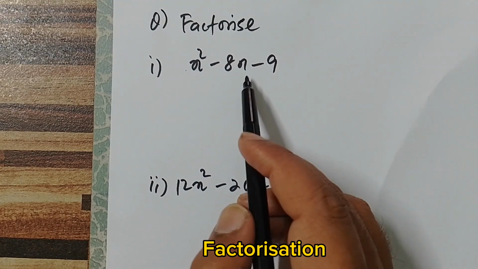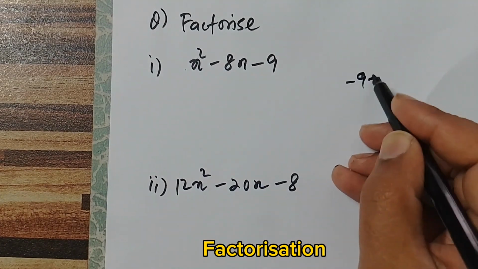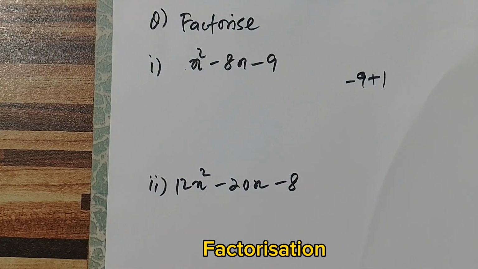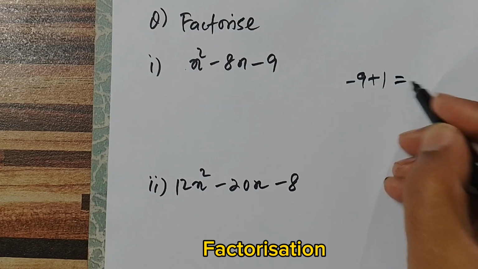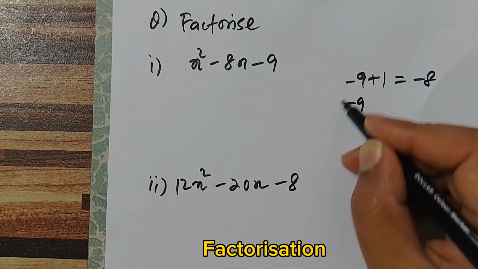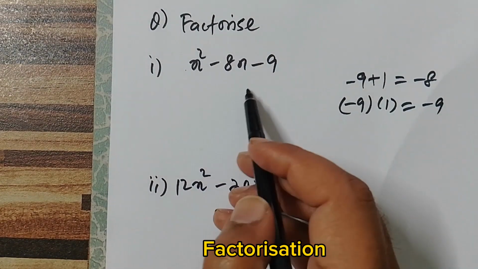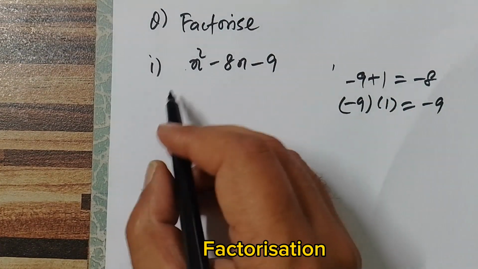So minus 9 and plus 1 are the two breaks of this middle term, which on addition give me minus 8, and on multiplication give me minus 9. So that is the perfect pair I should be considering.